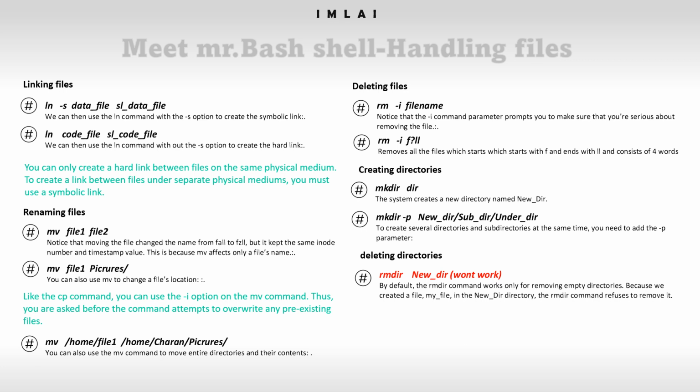The basic command for removing a directory is rmdir. By default, the rmdir command works only for removing empty directories, because we created a file, mv.file, in the new directory. So the rmdir command refuses to remove it. To fix this, we must remove the file first, then only we can use the rmdir command on the empty directory.